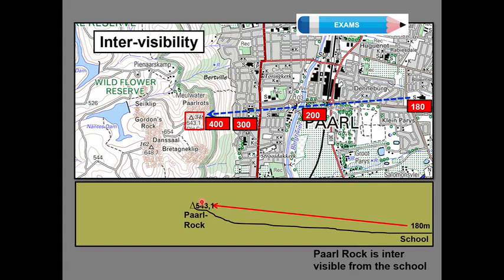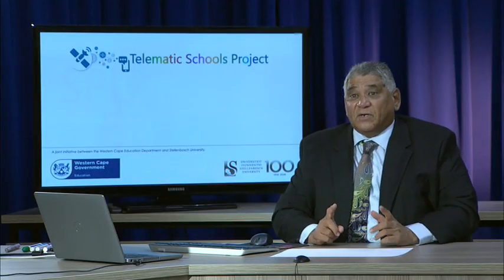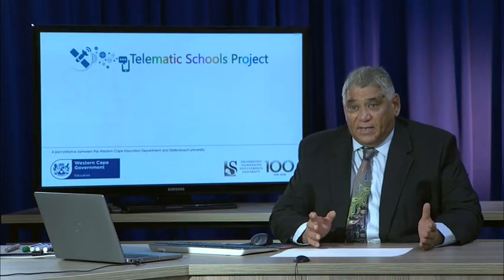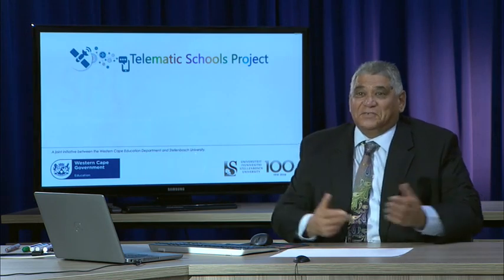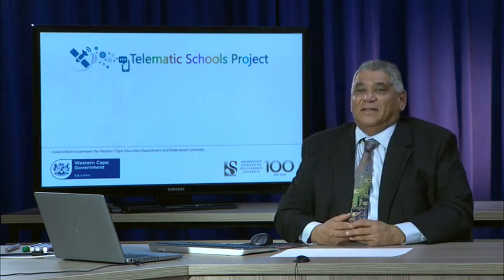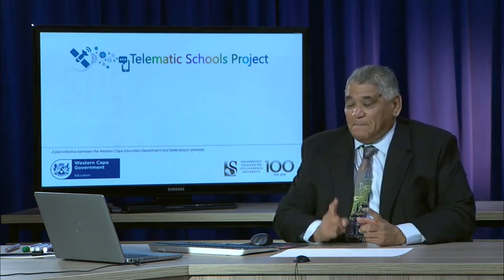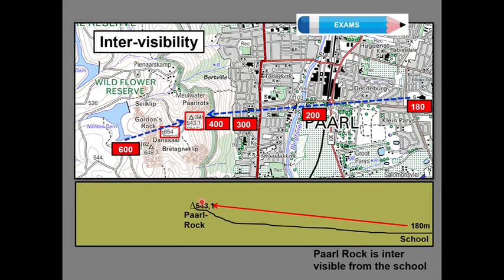But is that always the case? Is Paarl Rock indivisible from everywhere else in Paarl? You'll see that's not the case. Let's have a look at this. Here we've got the Nantes Dam, 600 meters, right?